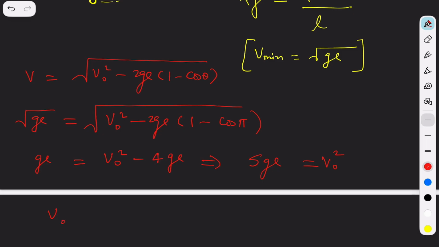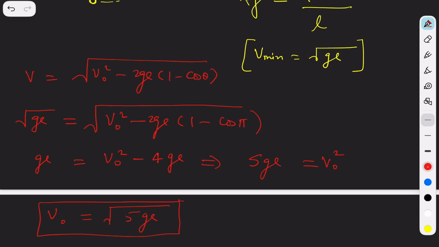So v naught needed is root 5gl. So if you want to do the full circle, the minimum velocity that you should have at the bottom of the particle is root 5gl. If this much velocity you are giving, then the particle is able to do the full circle.